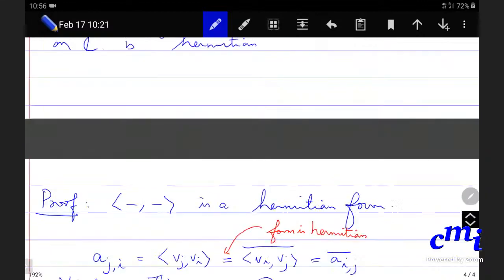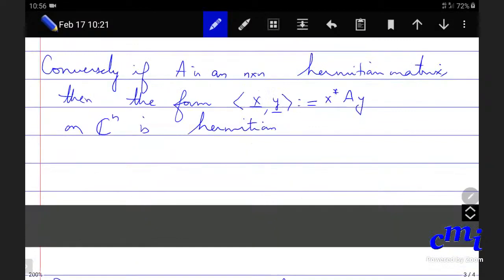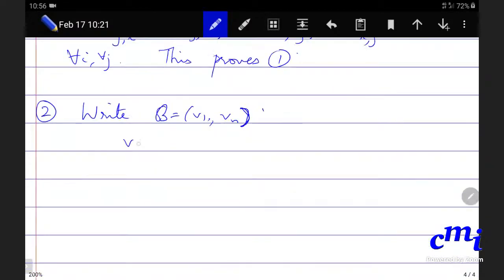Okay, so then ⟨v, w⟩ is... we also need to write x as alpha 1 through alpha n, and y as beta 1 through beta n.